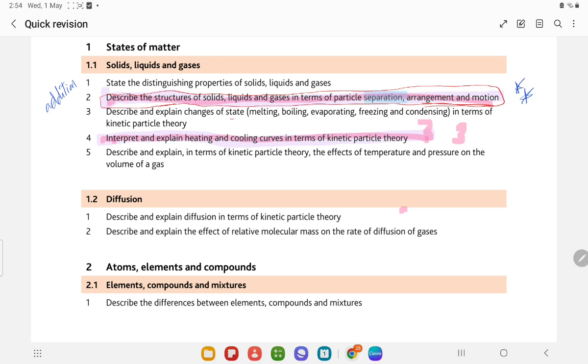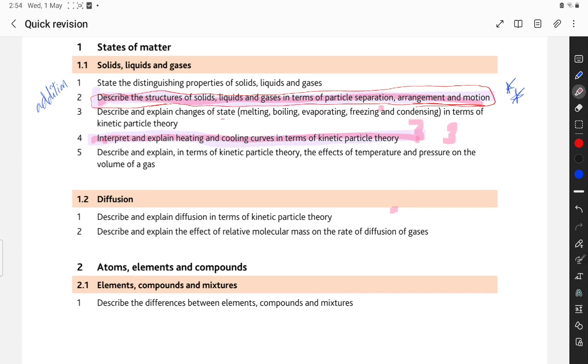This is particle separation, arrangement and motion. You should know that separation in gas: particles are further apart.